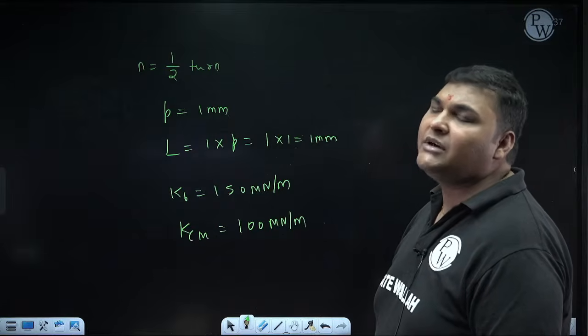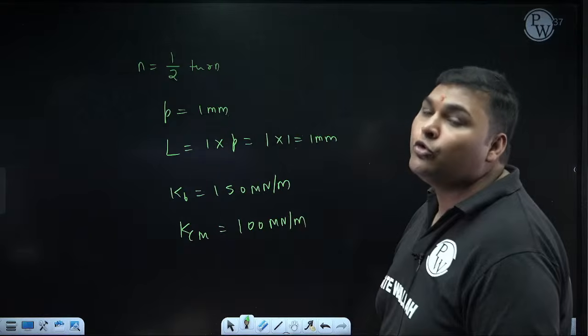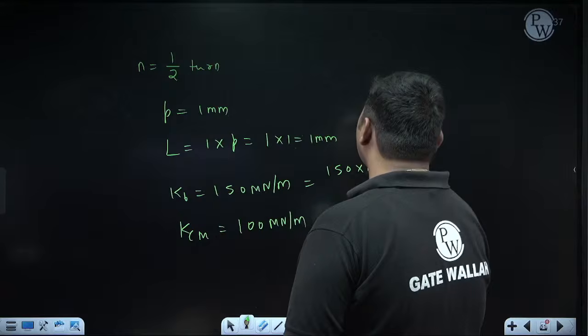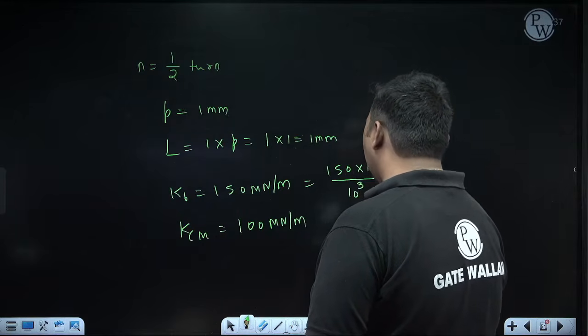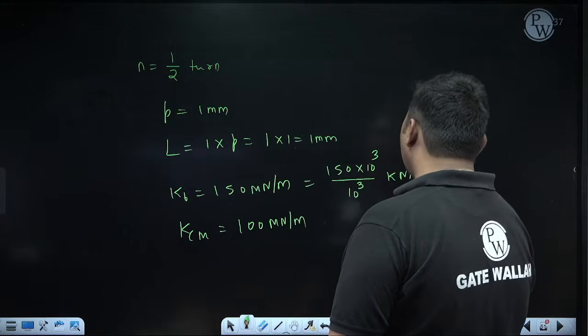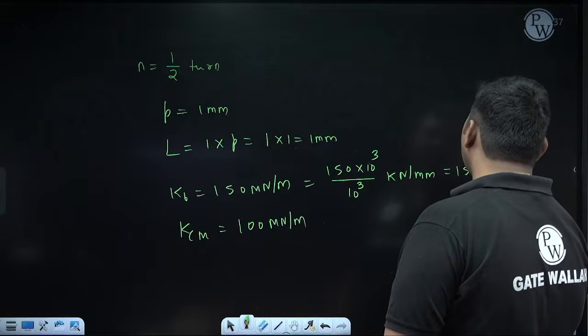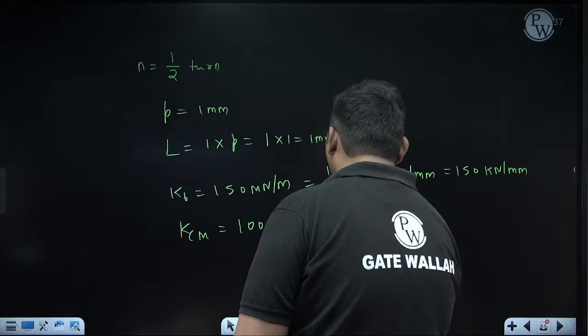During calculation, I will take force in kilonewton, distance in mm. So convert this also into kilonewton per mm. So it is 150 meganewton. 1 meganewton is 10 to the power 3 kilonewton, divided by meter below. 1 meter is 10 to the power 3 mm. So it is in kilonewton per mm. 10 to the 3, 10 to the 3 will get cancelled. So automatically it comes 150 kilonewton per mm. But do this conversion. Similarly, if we convert this also, again I will get 100 kilonewton per mm.